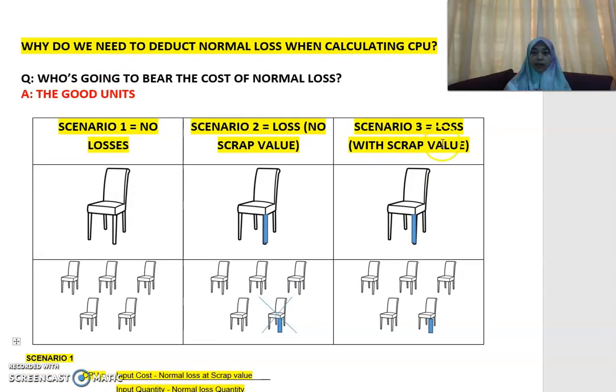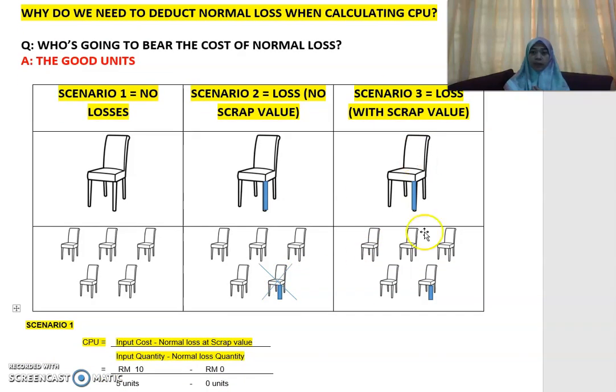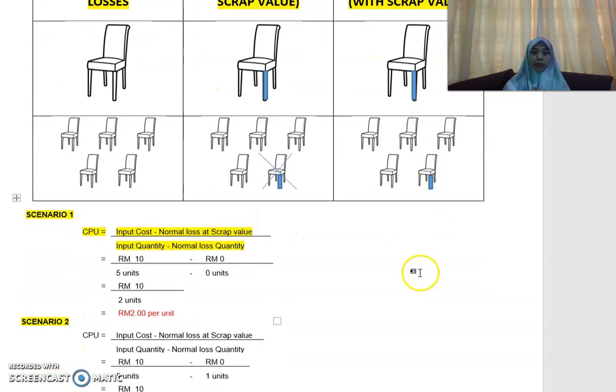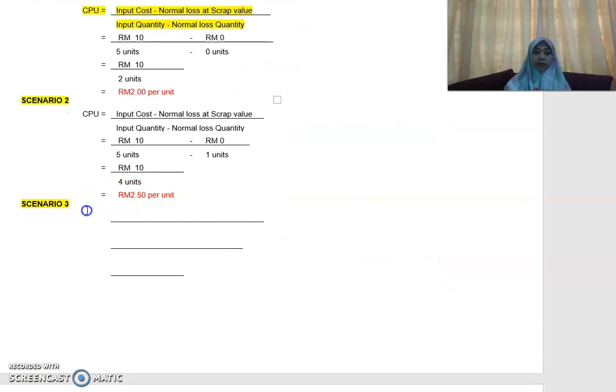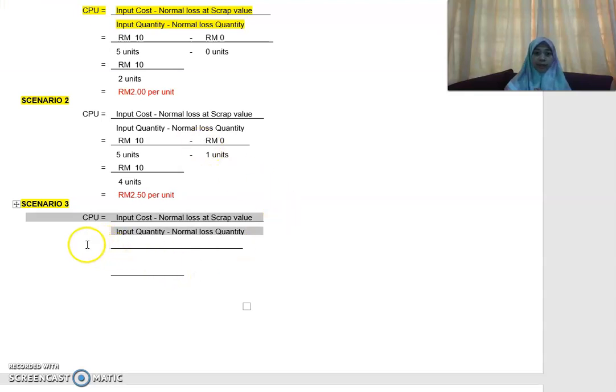Then in the third scenario, let's say that particular loss has some scrap value. In scenario 2 the scrap value is 0, but now in scenario 3 the loss has some scrap value, let's say 60 cent.